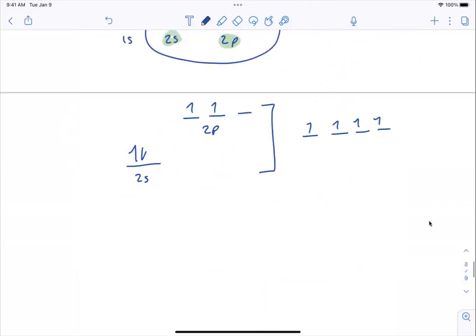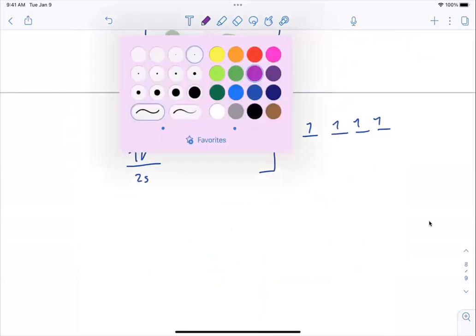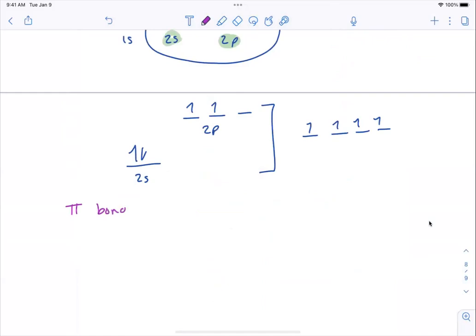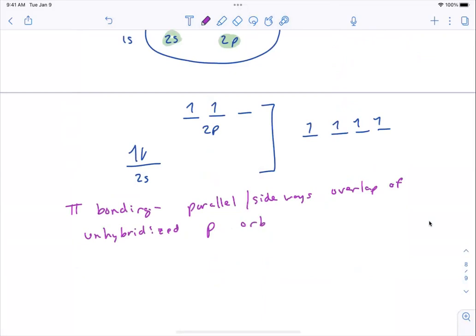Okay. Now, what we didn't talk about is this next part, which is pi bonding. Well, we talked about it in benzene a little bit, but pi bonding occurs in the parallel or sideways overlap of unhybridized p orbitals.